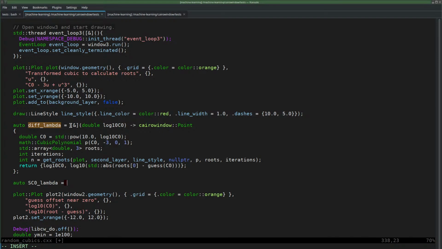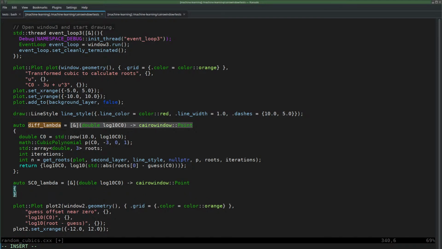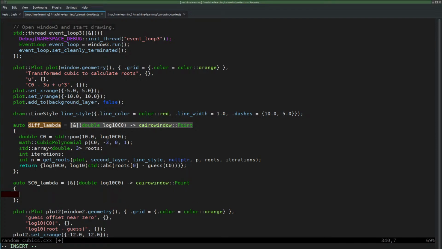The input of that will also be the log 10 of C0. And we are definitely going to need a root.